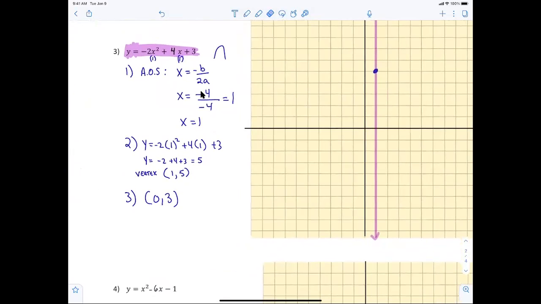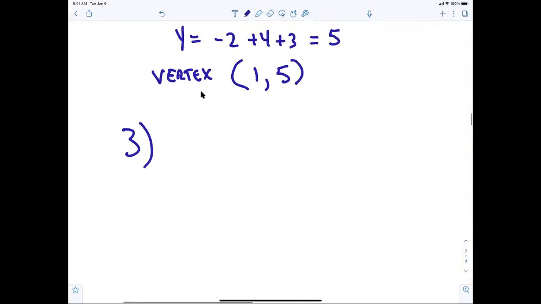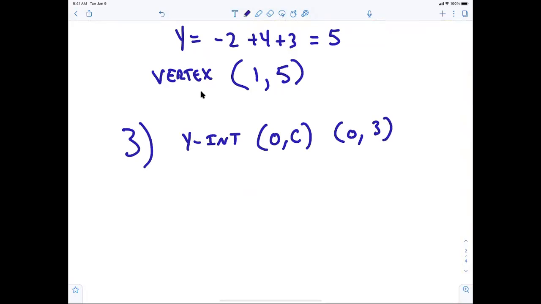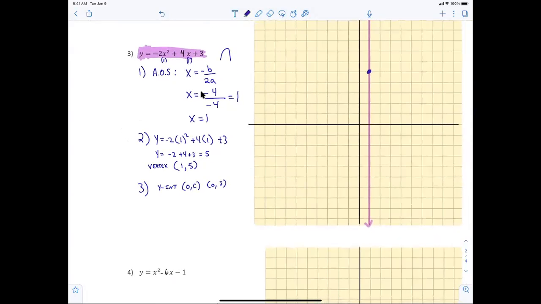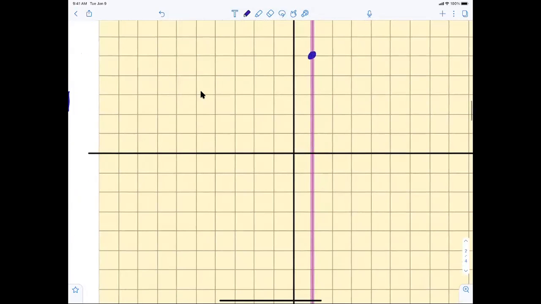And again, that's why I should have just made the note here. All right. Again, the y-intercept is step number 3. And I said the y-intercept is always 0, c. So in this case, it was 0, what? Because the c value is 3, right? So now everybody's graphing 0, 3.